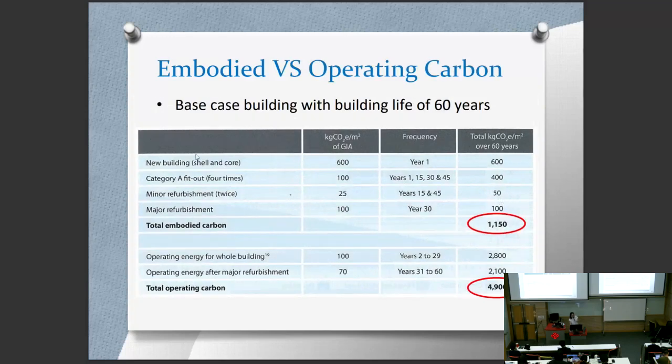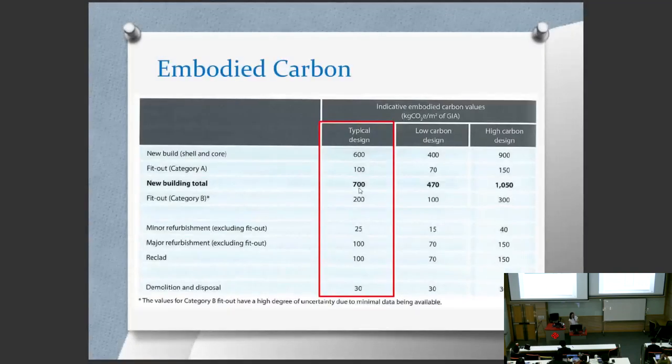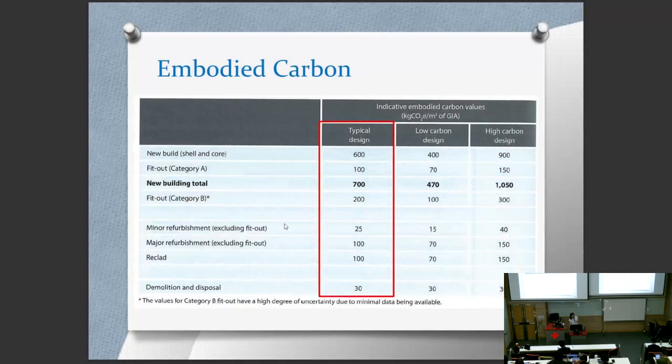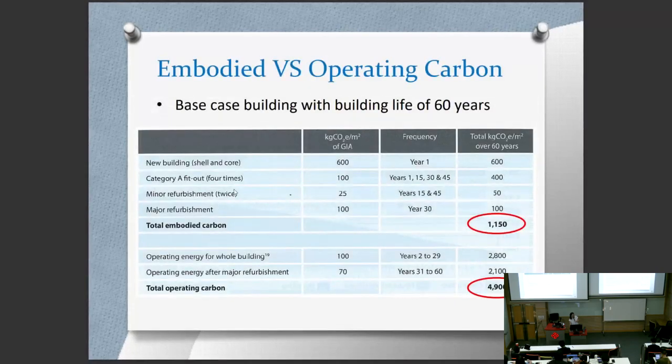Let's say for the new building, the embodied carbon is 600, and then there will be 4 times of fitting out, and the average fitting out is 100 kg of carbon dioxide, and 4 times, so 400. Then minor refurbishment, 25 each time, and if there are twice, then 50.